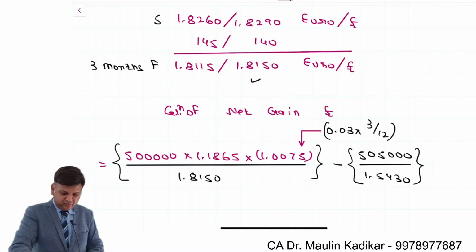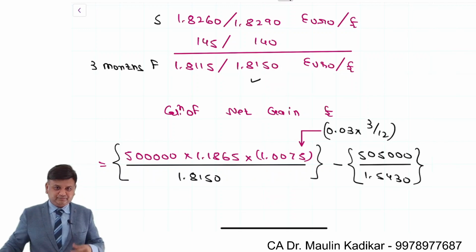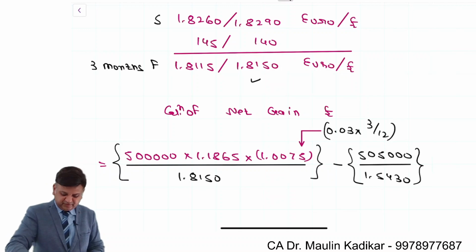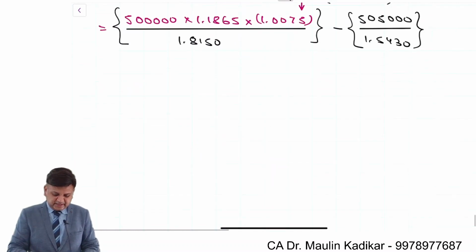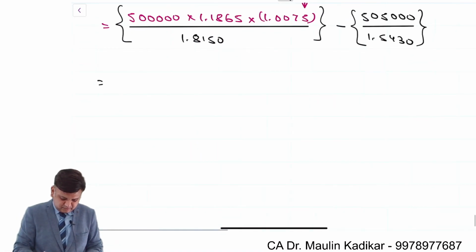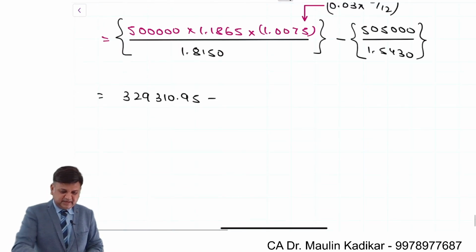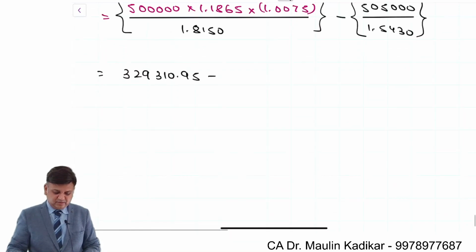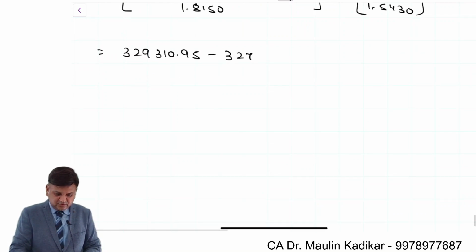So 5 lakhs into 1.1865 into 1.0075 divided by 1.8150. That comes to 3,29,310.95 minus 5,05,000 divided by 1.543, so 3,27,284.51.